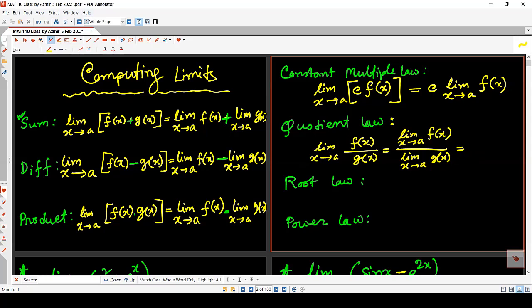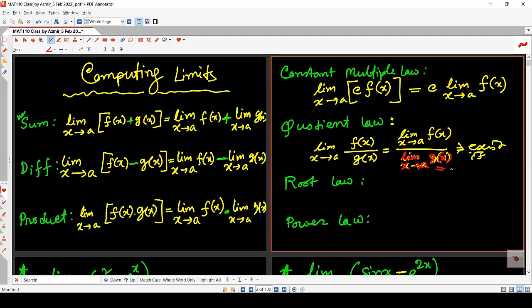At the same time, have a look: limit x tends to a of f of x by g of x. What we can do here is take the limit of f of x divided by the limit of g of x. This limit will only exist if the denominator, limit x tends to a of g of x, becomes non-zero.